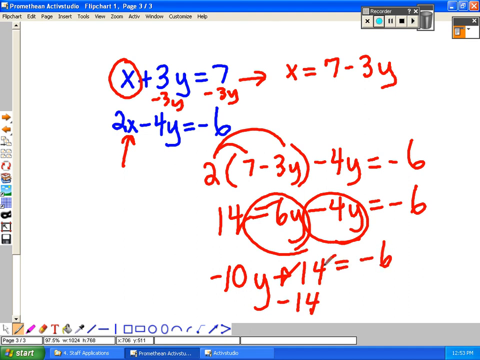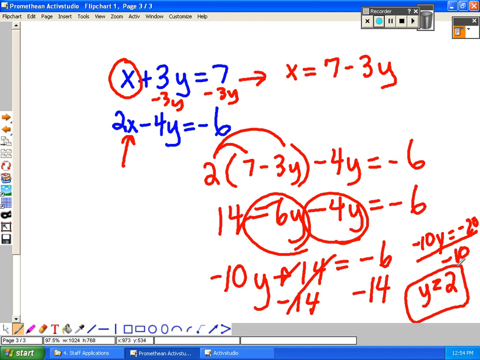Subtract 14 on both sides to move it to the other side, and you're left with negative 10y equals negative 20. Divide everything by negative 10, you end up with y equals positive 2. Once I get y equals positive 2, I'm going to plug it back in my equation. So negative 3 times 2 is negative 6, so 7 minus 6 is 1. So my final answer would be x is 1, y is 2.